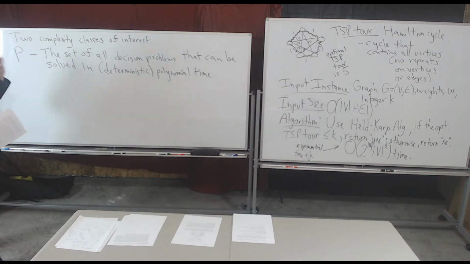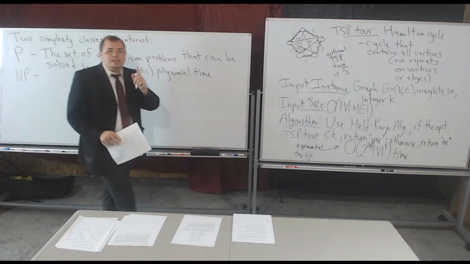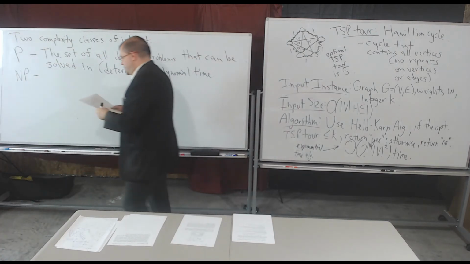Just think P, polynomial. Now this is where usually people get things wrong really fast. They see NP like this, they think not polynomial. Now intuitively you might think that, but that's not really what it means. The NP stands for non-deterministic polynomial time.